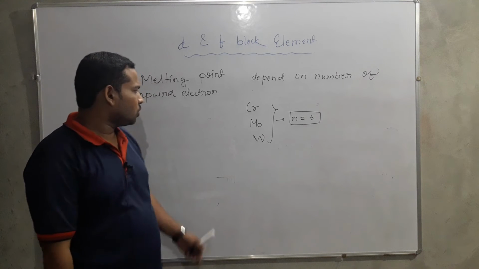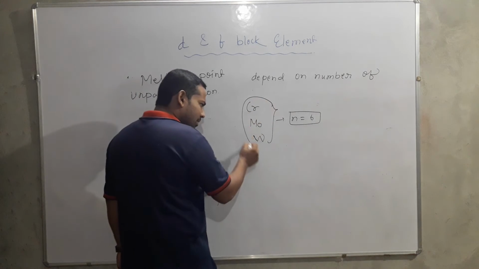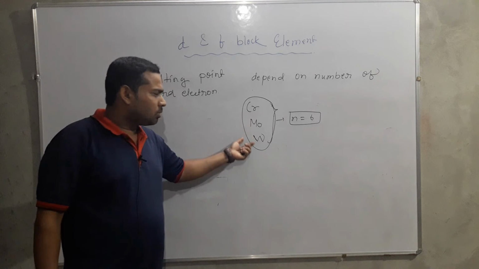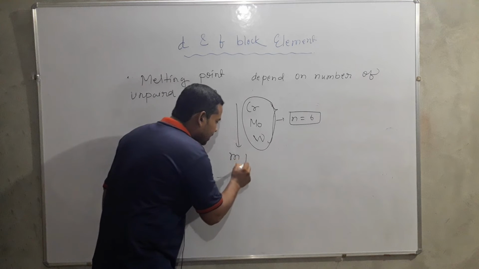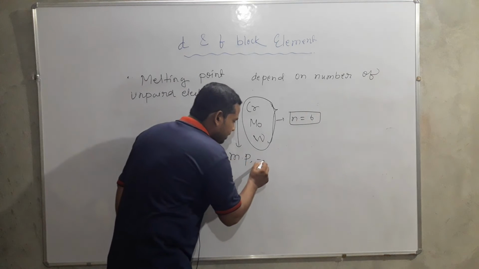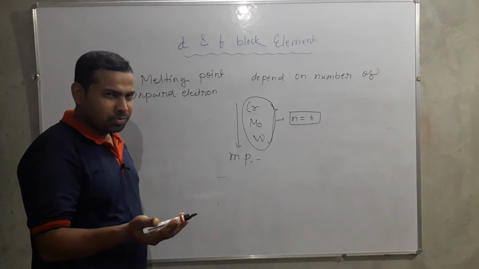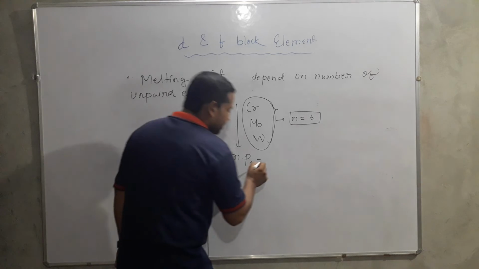Clear people? So if you compare among themselves, what happens? From chromium to molybdenum, molybdenum to tungsten, melting point (MP) increases, as well as density, as well as hardness, everything increases.